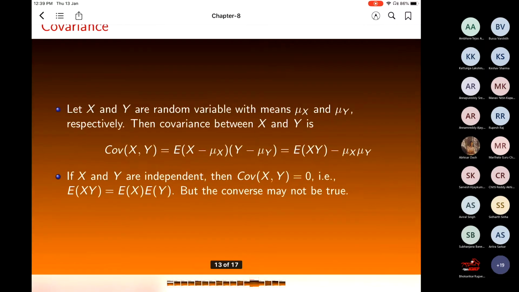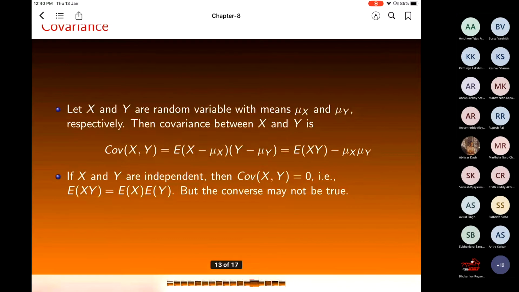Sir, if there is a condition like 0 less than x less than y less than 1, in such conditions can we directly say that it won't be independent, because the region depends on both x and y?